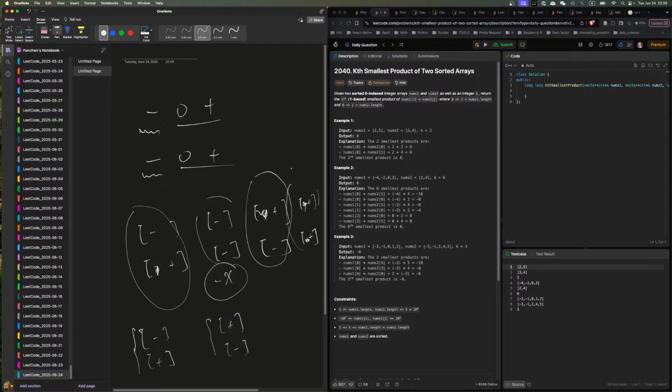But I was trying to see if it's possible that we don't have to change the logic too much. We don't have to change the logic too much. We find the k largest. Right? This is the k largest.